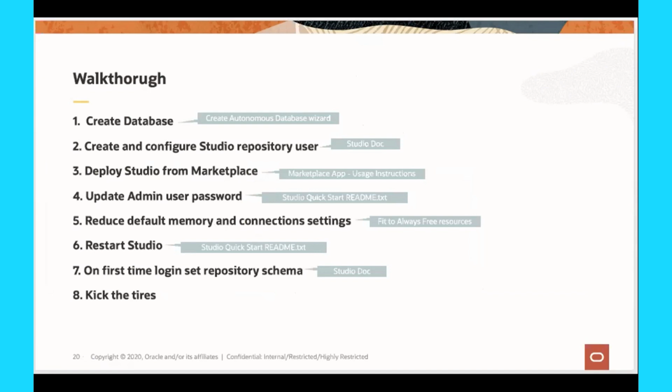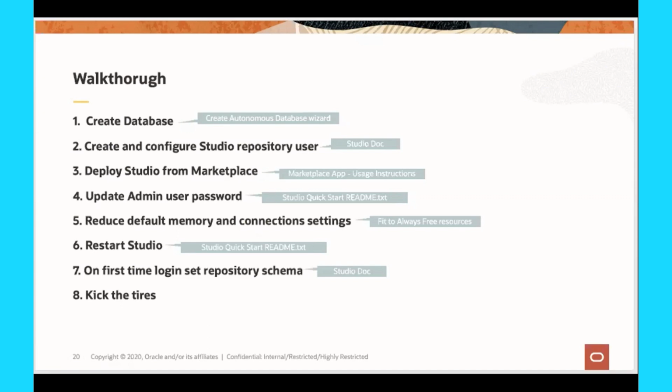So now we're going to walk through all of this, and how the time goes will dictate how much of it I can do live on the fly versus something that's already baked, taken out of the oven, so to speak. But we're going to do the following steps, or at least show you them. This is the whole list of what you do to get Oracle Spatial Studio up on the cloud free tier.